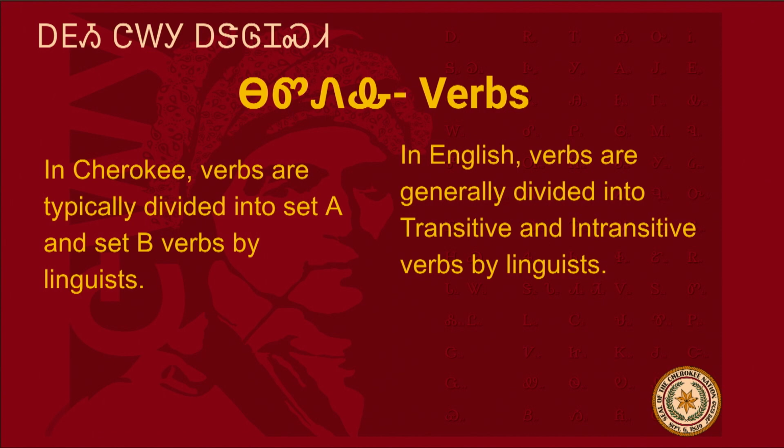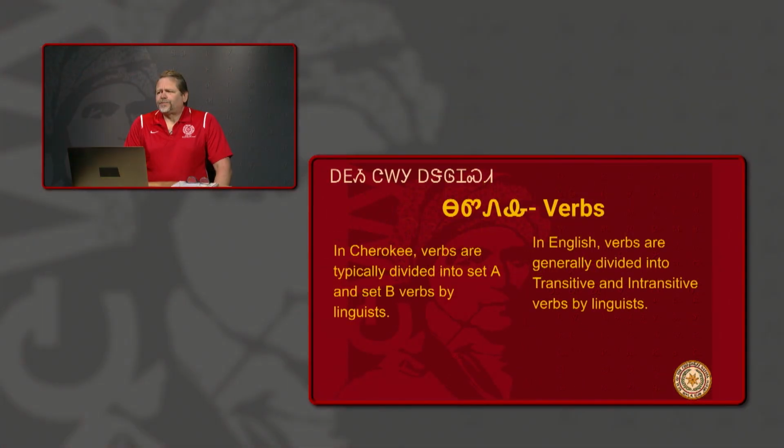Okay, so for example, we can take the word bite. In English, the word bite can be both transitive and intransitive, okay? You can say, the dog bites his leg, okay? And in that case, it's transitive because the dog is our subject, bites is our verb, and his leg is the object of what he's biting, right?